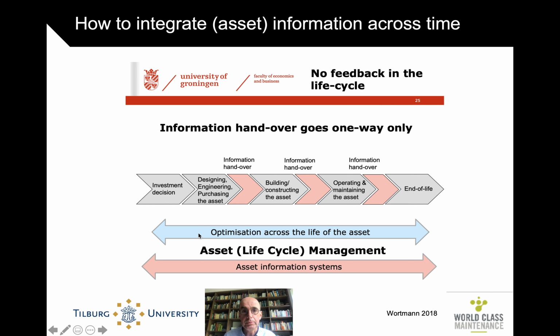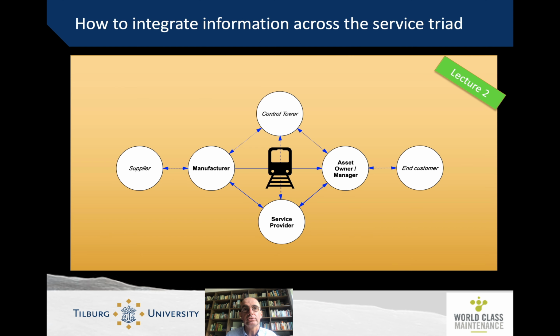Then these people in design engineering have a digital twin, but it's not automatically used here, and certainly not here. And then, of course, during the operation and maintenance of the asset, again a handover to the next party, and that handover is broken in many cases.